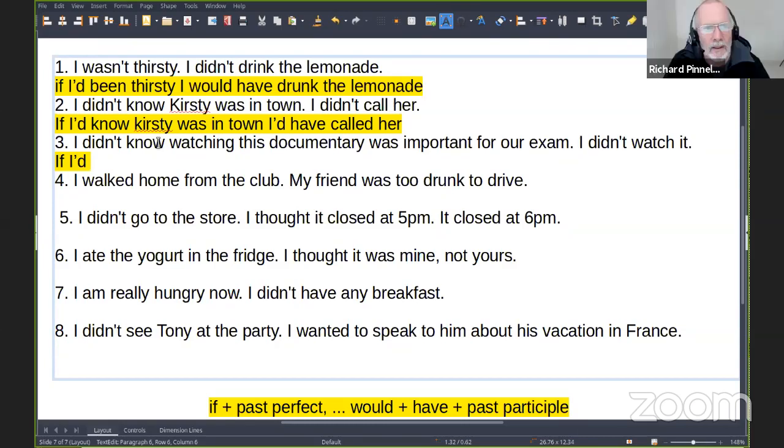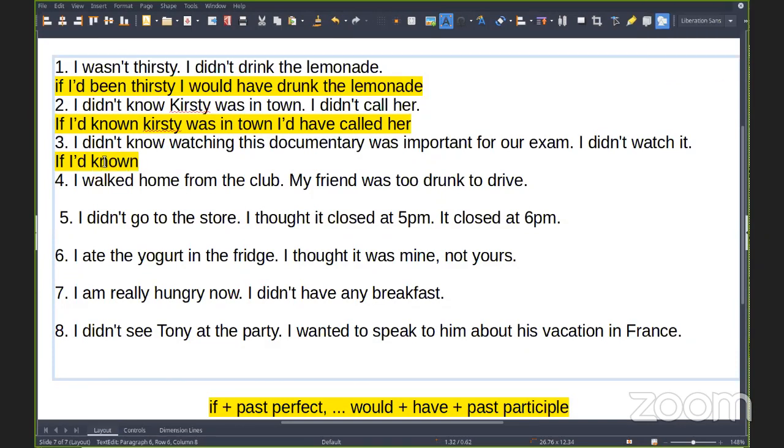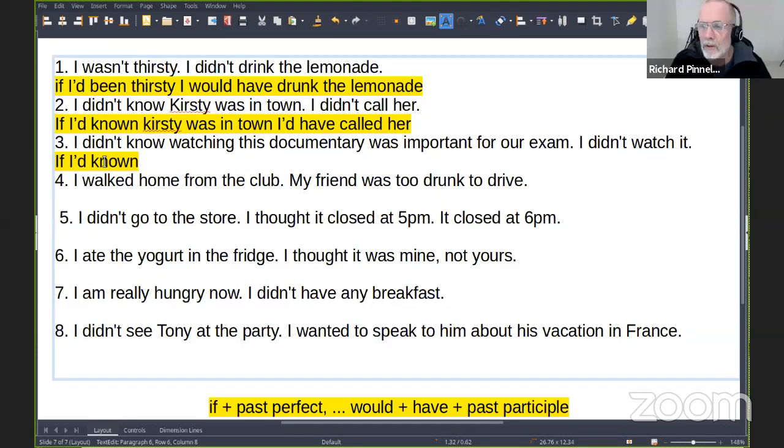The past participle of know is, what's the past participle of know? I've made a mistake here, sorry, because it's known. If I'd known. If I'd known what? If I'd known, what didn't you know?